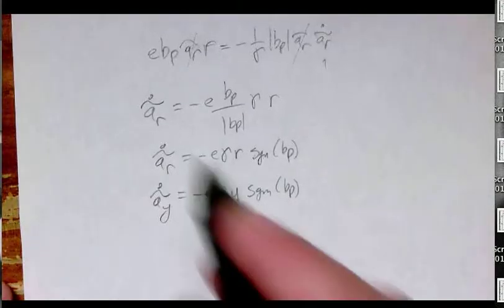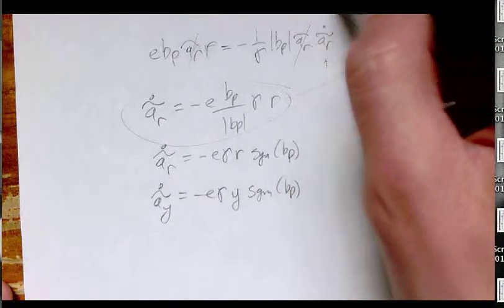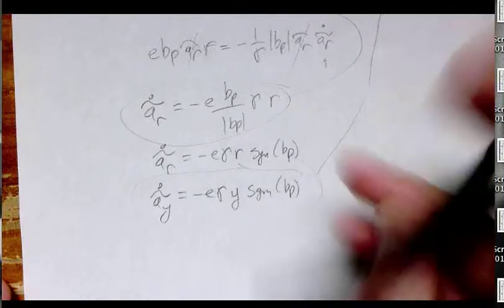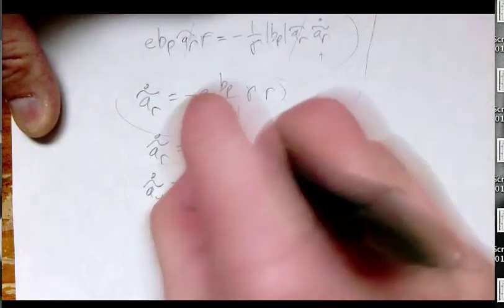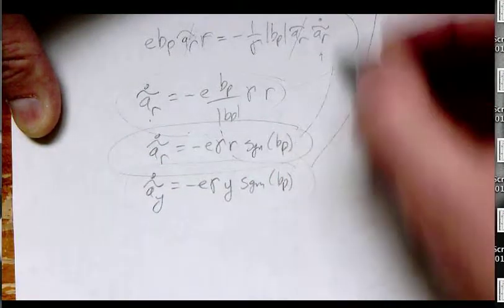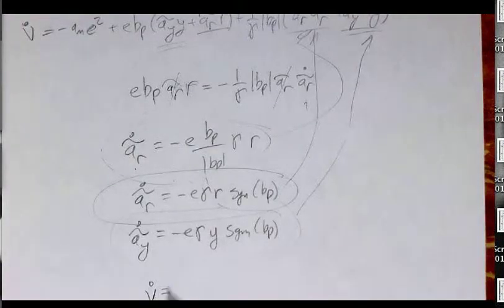So take that and substitute it in for AR tilde dot. Take this and substitute in for AY tilde dot. And in the end, we get that V dot is equal to a negative AM E squared.